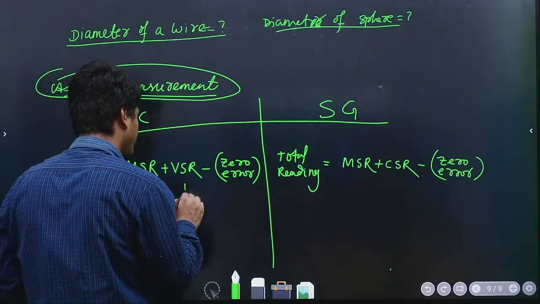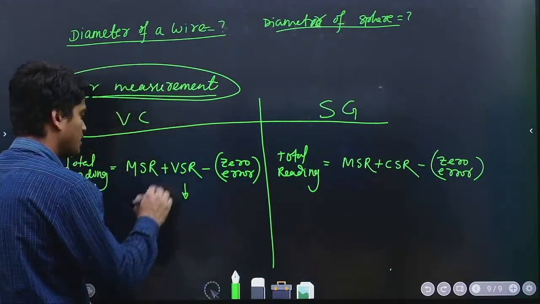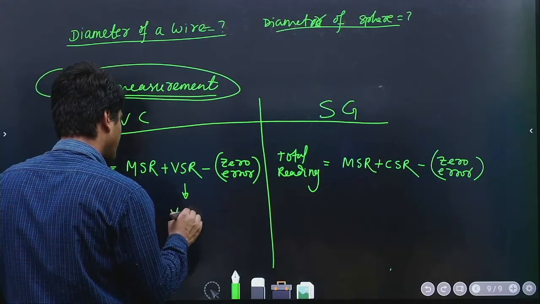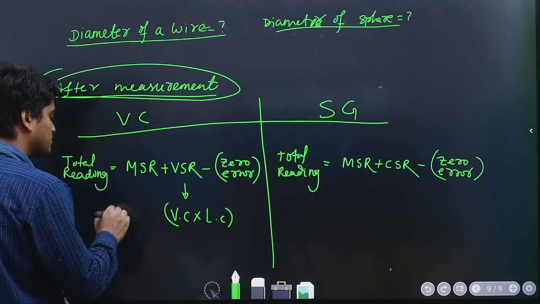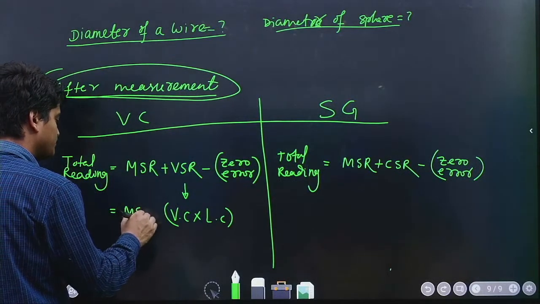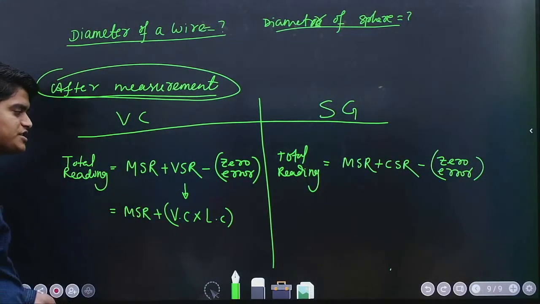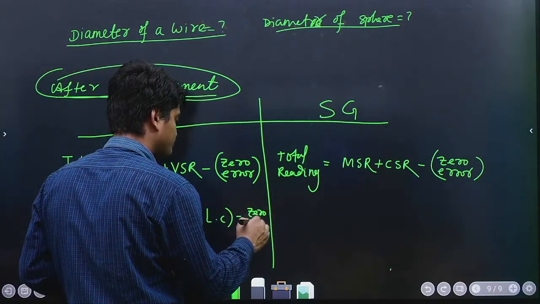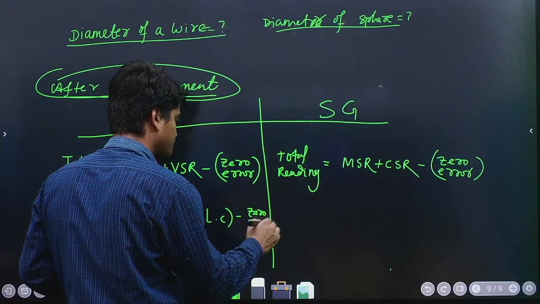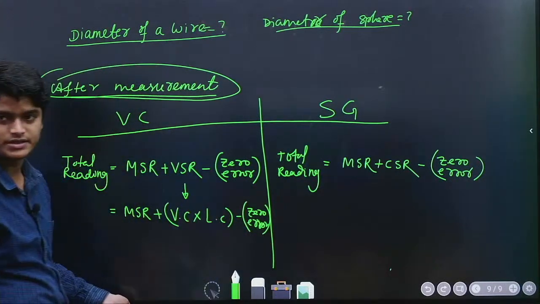And if you want to find VSR, what is VSR? VSR is vernier coincidence into least count. I'll tell what vernier coincidence is.